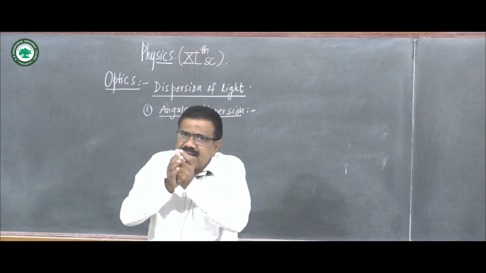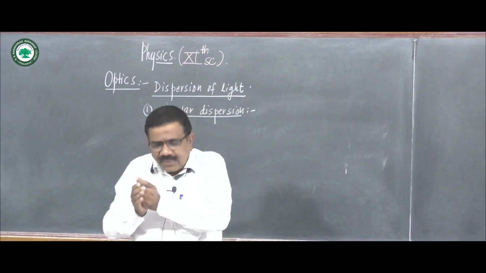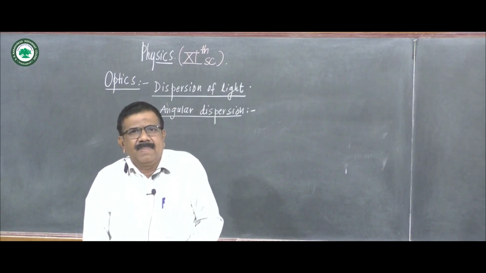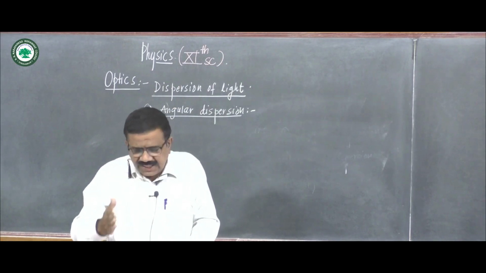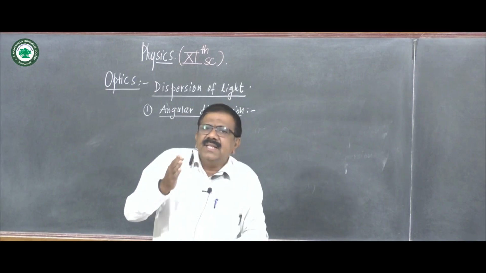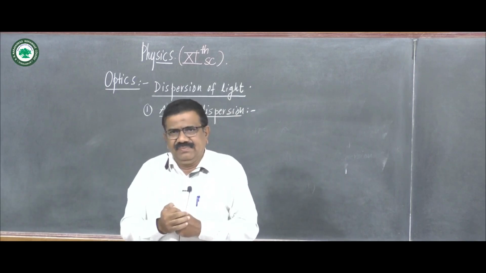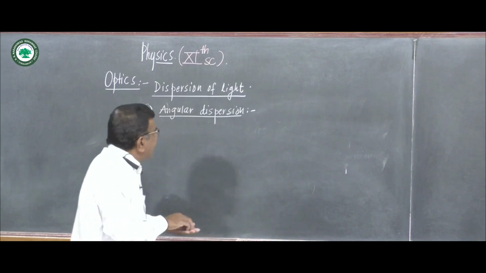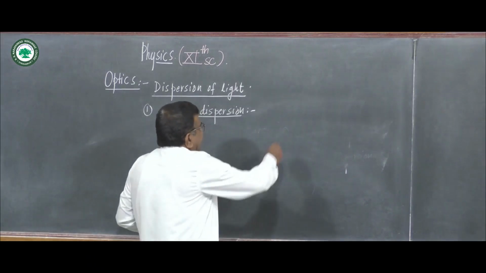Hence, for different colors, the refractive index of the material is also different, and the refractive index increases with increase in frequency. If frequency is increased, the refractive index also increases.